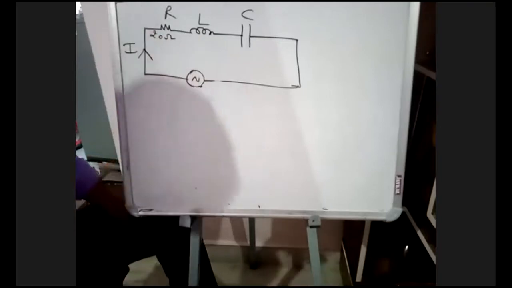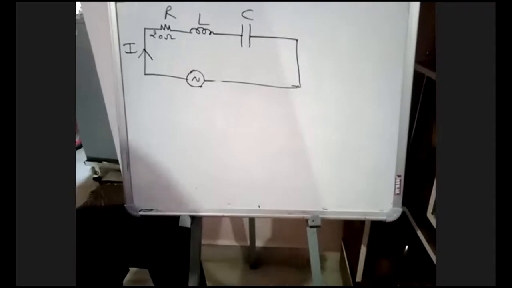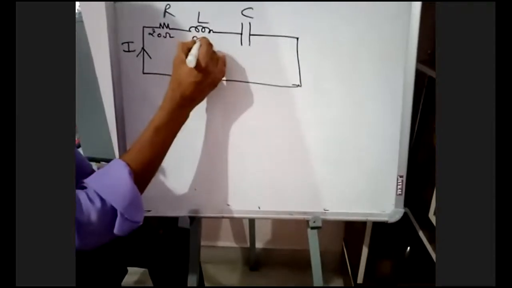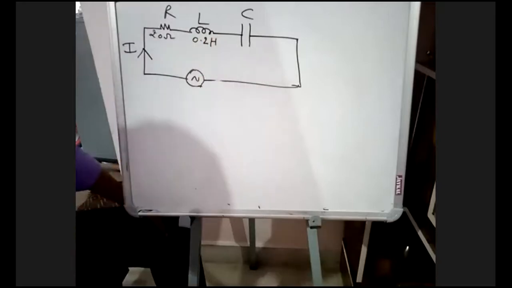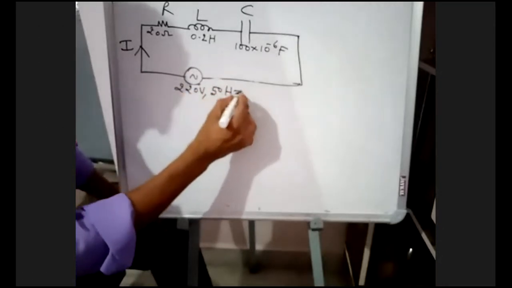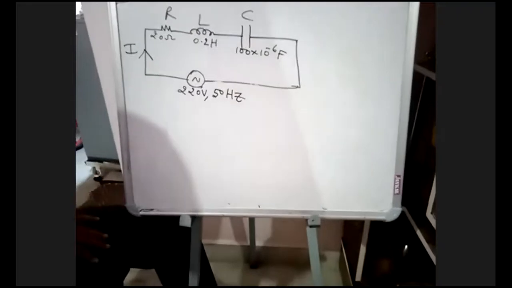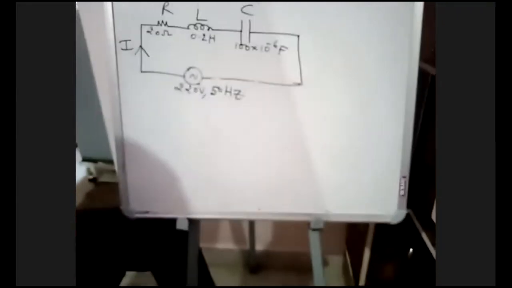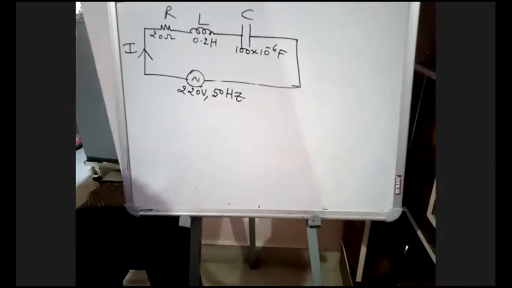L is 0.2 Henry and C is 100 microfarad, connected across a 220 volts, 50 hertz supply. This is the data given in the problem.